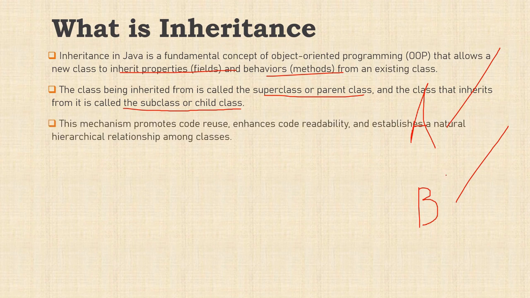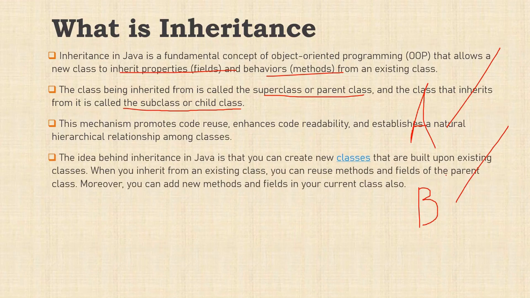This mechanism promotes reuse, enhances code readability, and establishes a natural hierarchical relationship among classes. The idea behind inheritance in Java is that you can create new classes that are built upon existing classes.